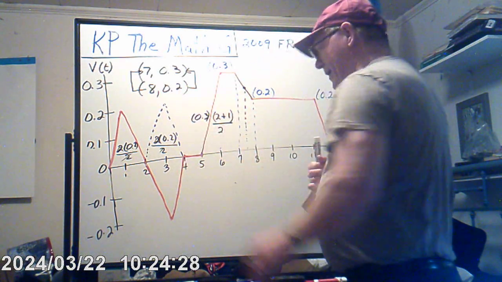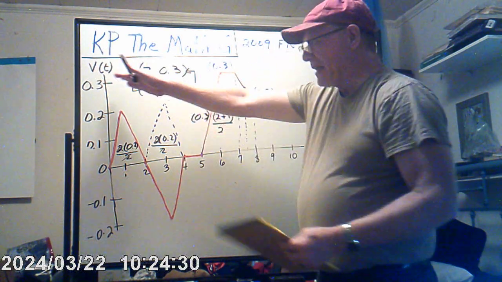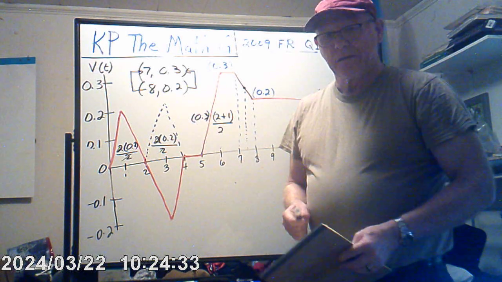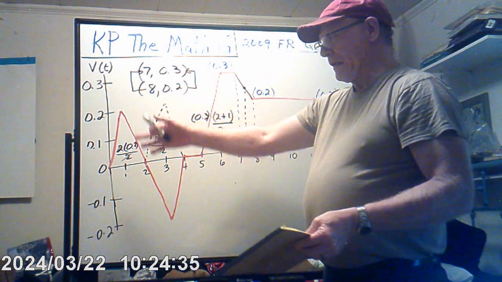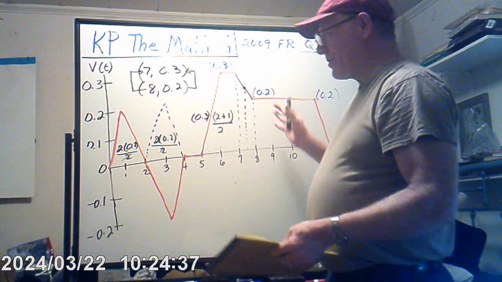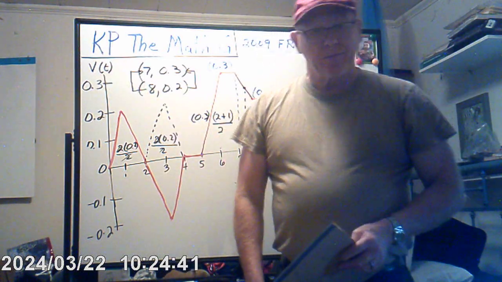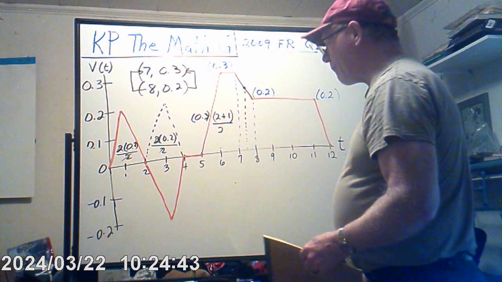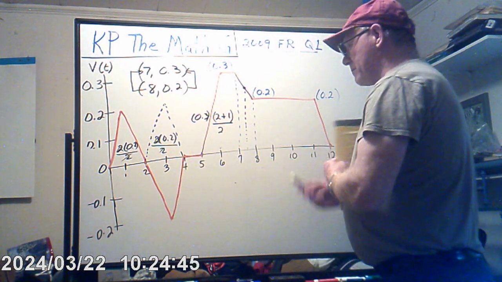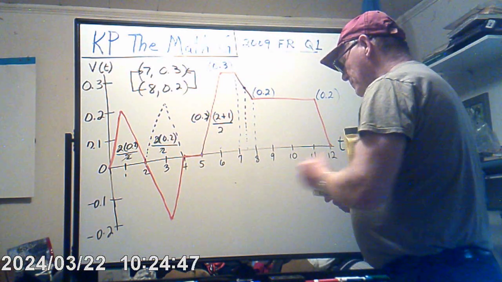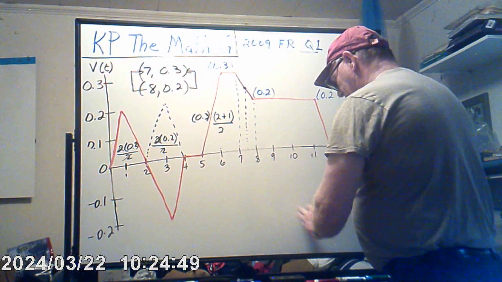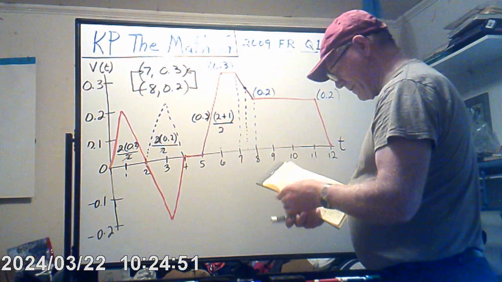The area of velocity is distance. If this were acceleration, the area of acceleration would be velocity. Now, let's leave this little area open here.